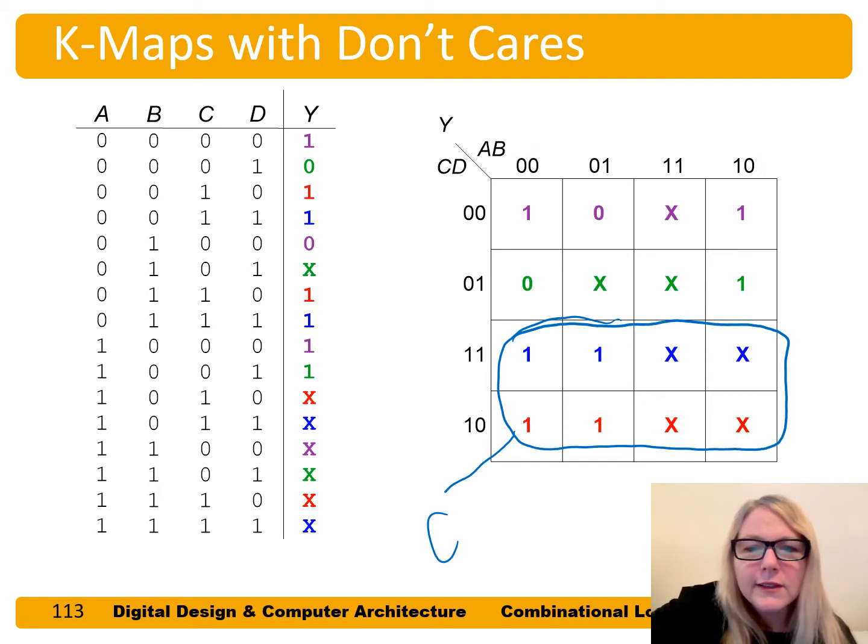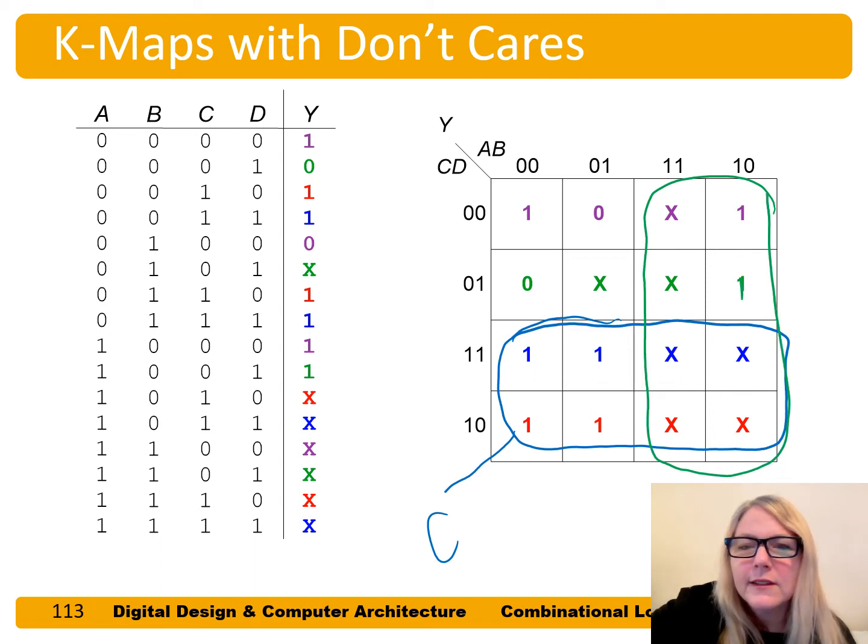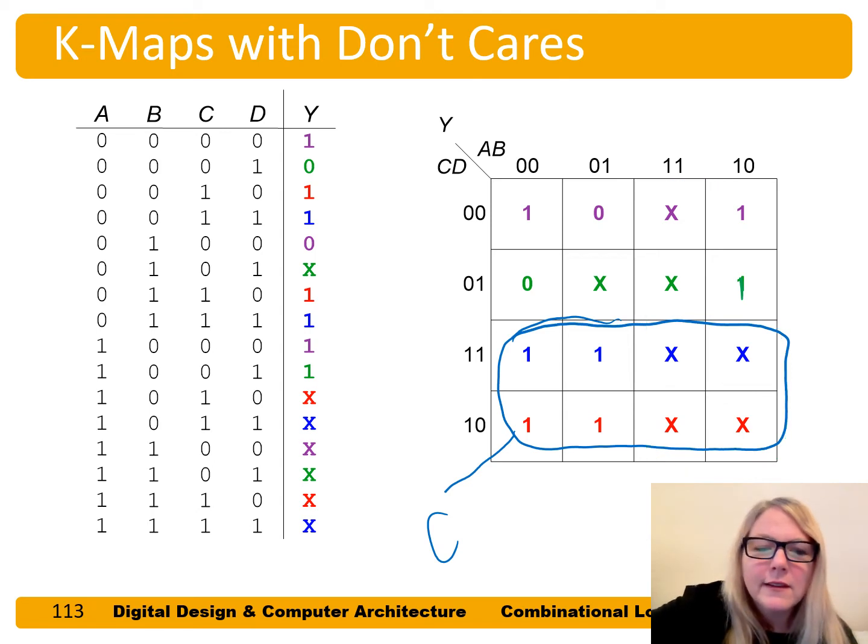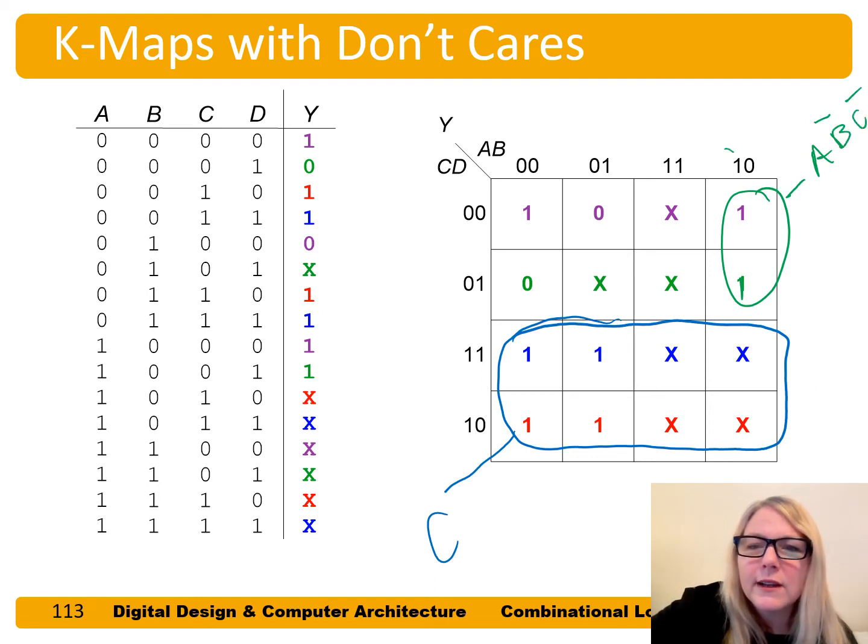Okay, and now let's look at some other ones here. We have these ones here. It's tempting just to go like that, but we can use don't cares to make that circle bigger. So we are going to use those don't cares to make that circle even larger. If we had just circled those 1s, our implicant would have been A, B bar, C bar.